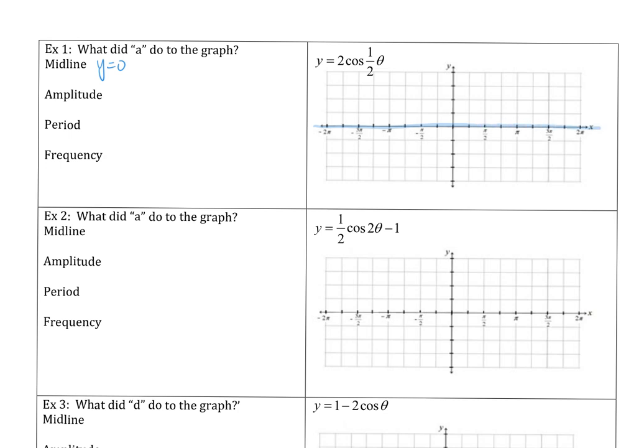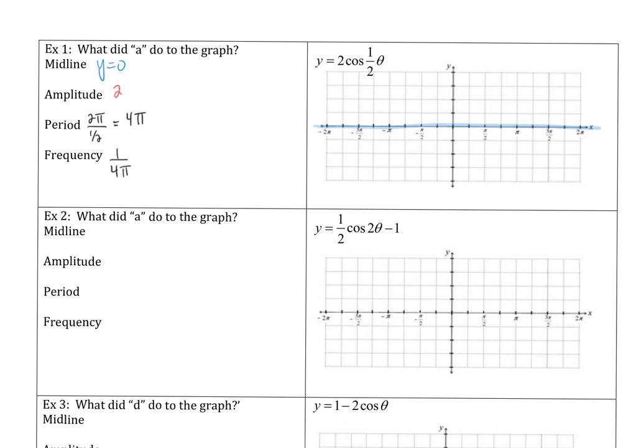The amplitude is that a value, which is 2 in front, and the period is similar in behavior to the sine function. It's 2 pi over b, and in this case b is 1/2. So 2 pi over 1/2 is going to be 4 pi, and the frequency is 1 over 4 pi.